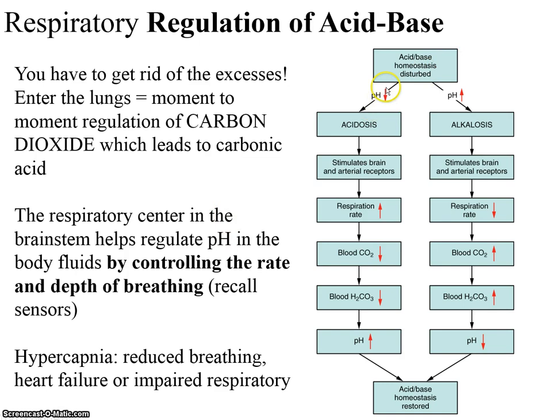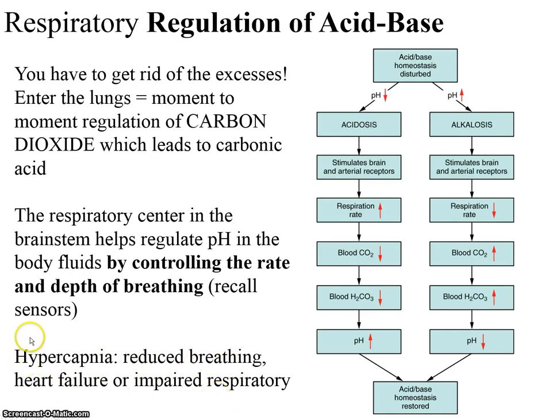So here we have a situation of decreased pH, so more acids, and increased pH, more bases. And again, that respiratory center is going to control the rate and depth of breathing. So hypercapnia, high CO2, comes from reduced breathing, heart failure, or impaired respiration.